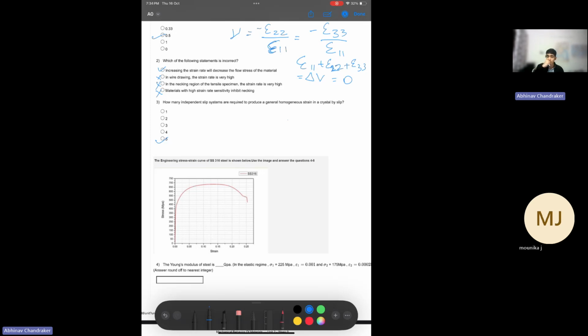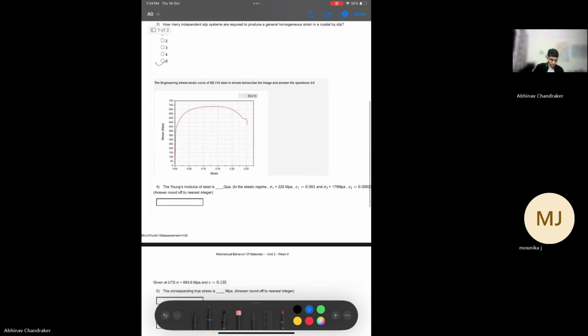That's the logic. I think with the strain tensor, this can be proven.